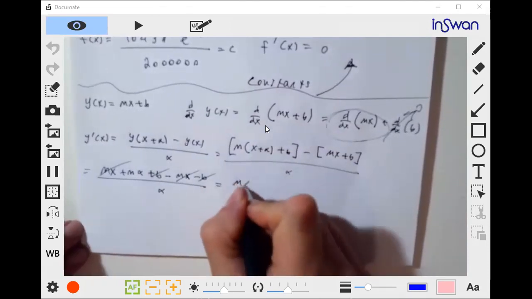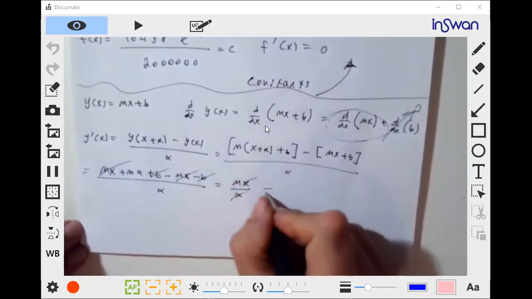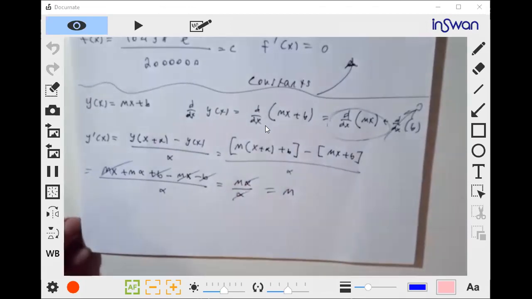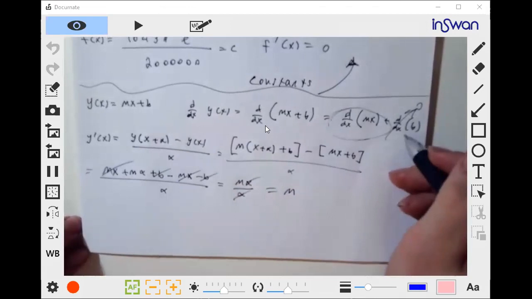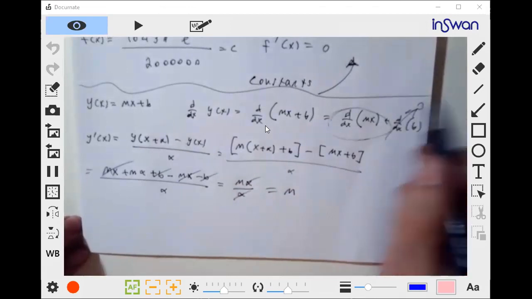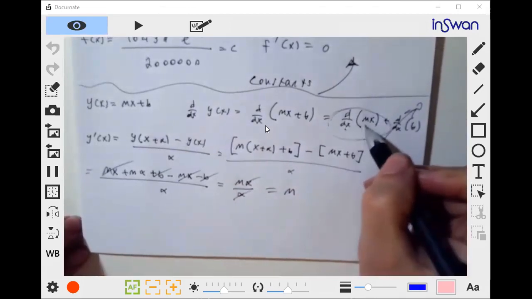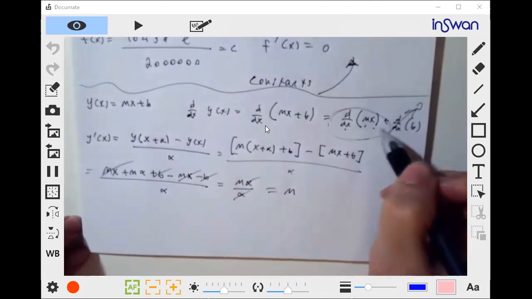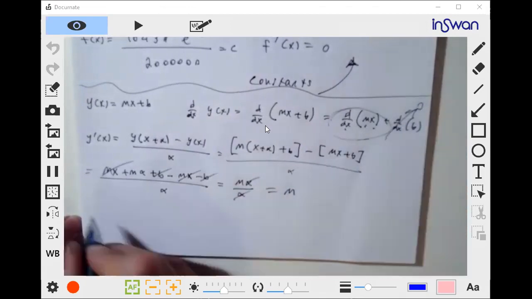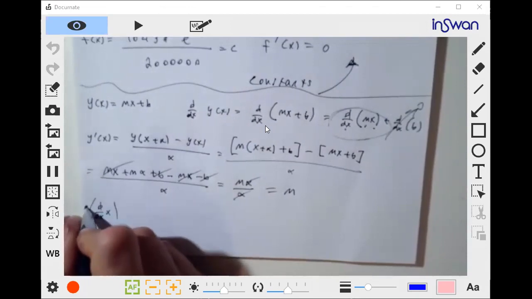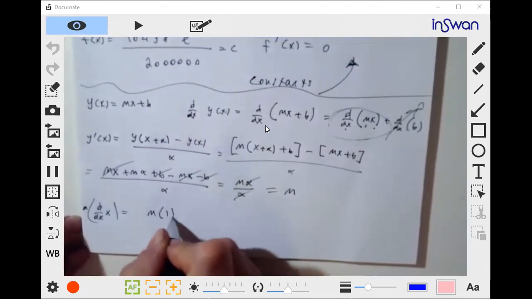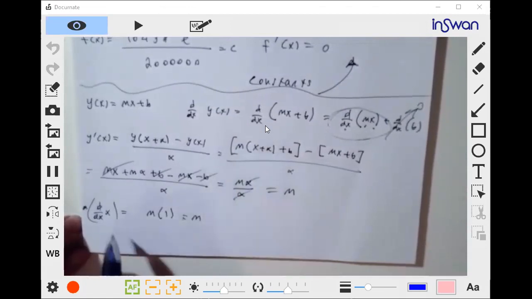And so we just get m alpha all over alpha. Alphas cancel and we just get m. So it seems like this constant went to 0 and the derivative seemed to have ignored that m and just applied to x. So it seems like d dx of mx is equal to m times 1, which is just m. Why is d dx of x 1?